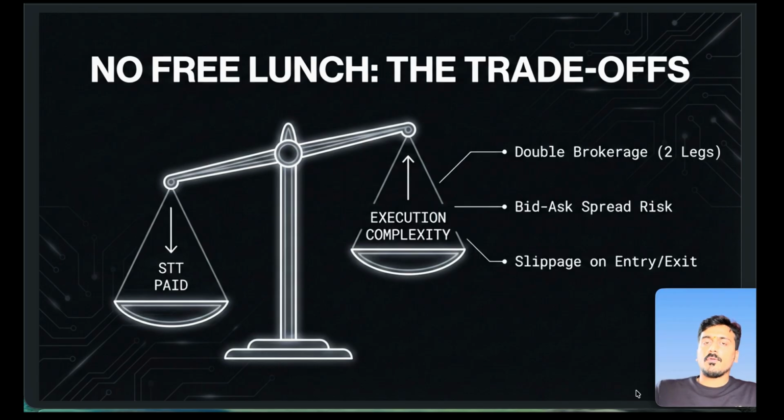So on the future it was a mix, but doing three legs, the risk of bid-ask spread is slightly higher. That's fine for now because this is for the indices, and also the slippage on enter and exit. In the future, we had a risk of only one leg slippage. Here we could have three leg slippage. If all three are not executed at once, there could be a problem.